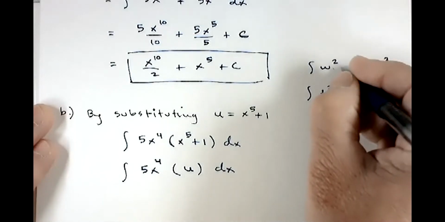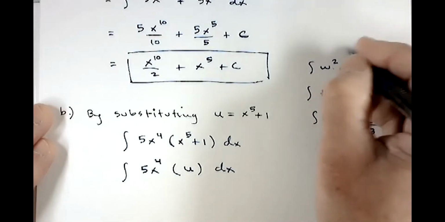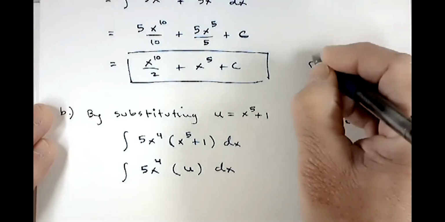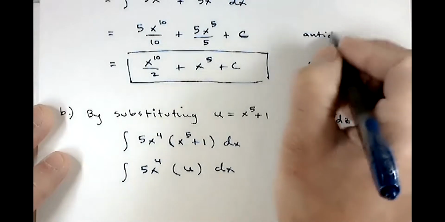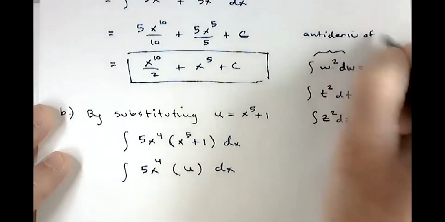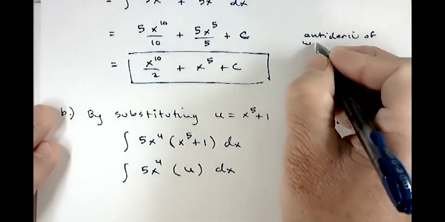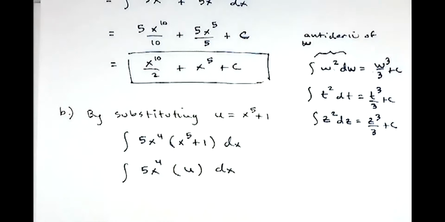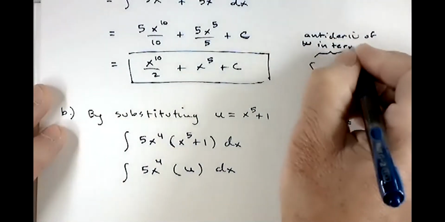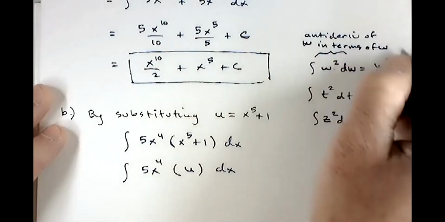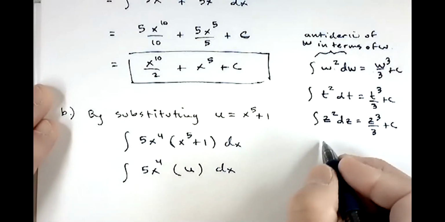But technically, you need to have this differential there, because what that's telling you in words is I want the antiderivative of w in terms of w. When I say with respect to, that means in terms of w.